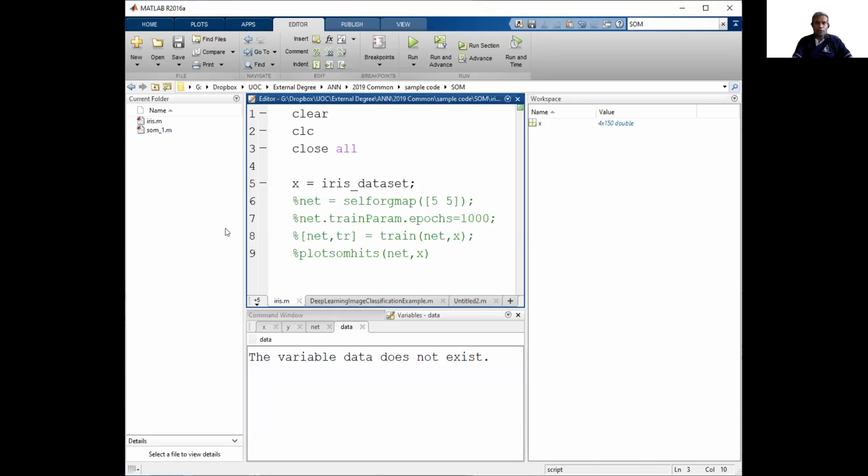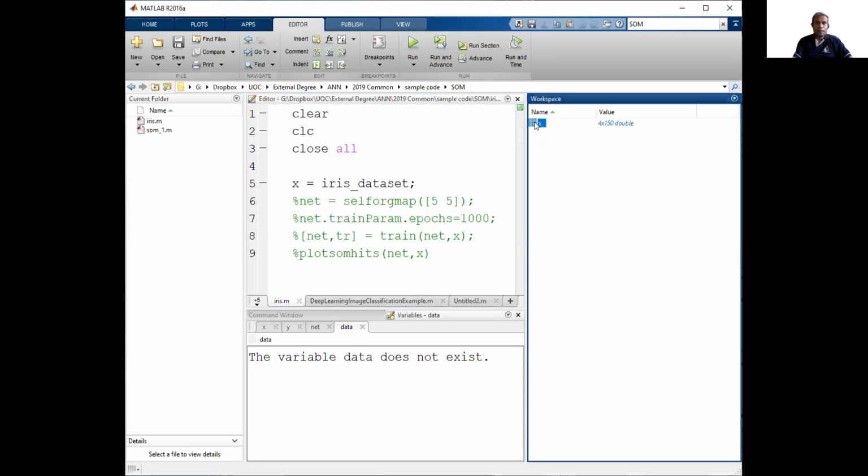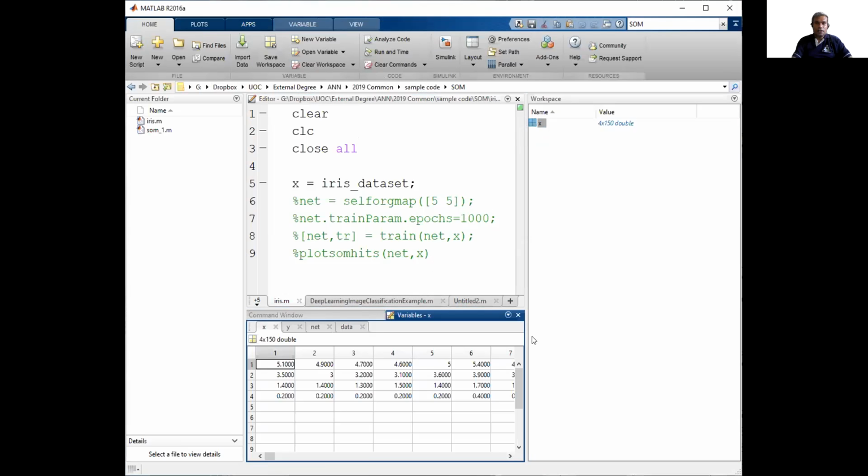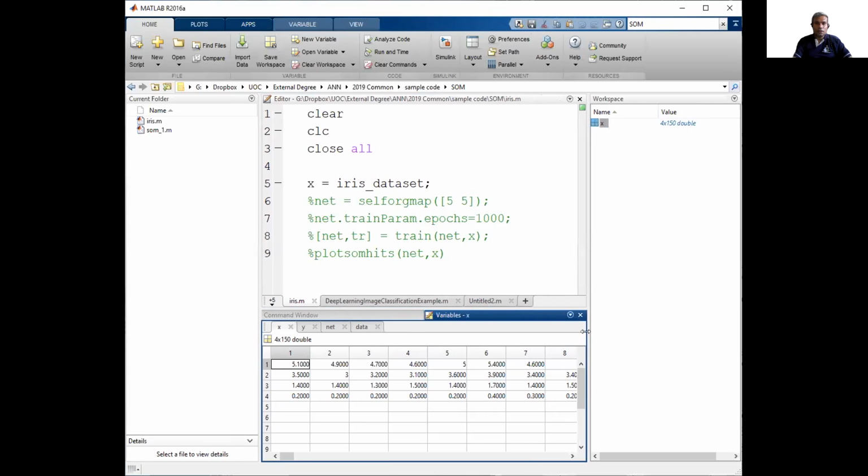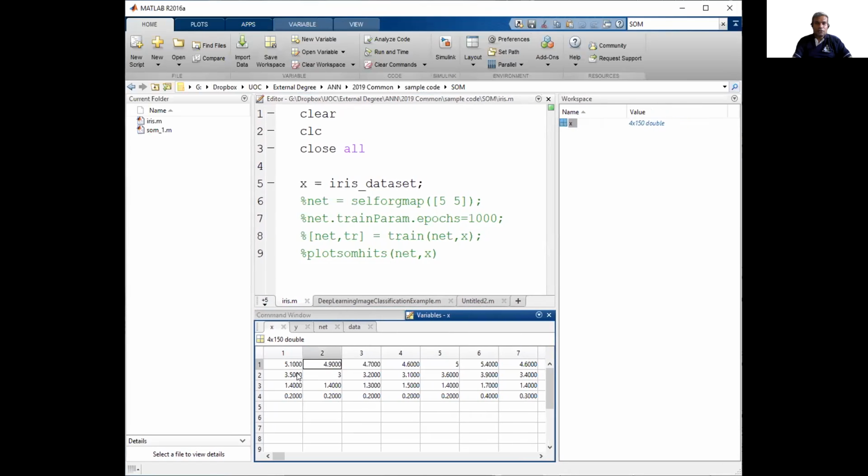Okay, so you can follow the program with me. First, we load the data set, and you can see this is the data set. And here, you can see it only has the inputs. It doesn't have the category.